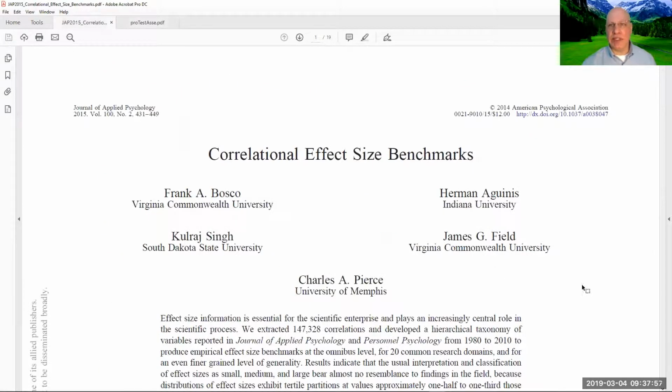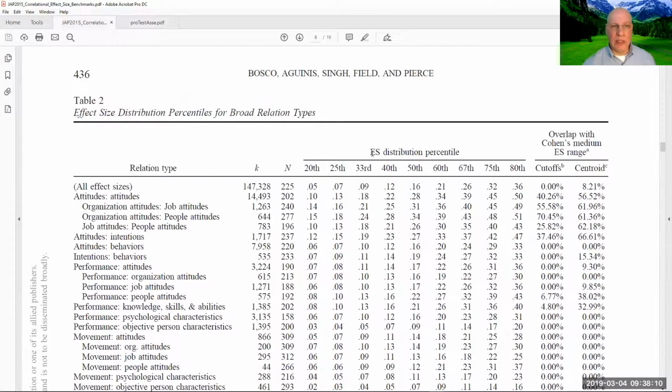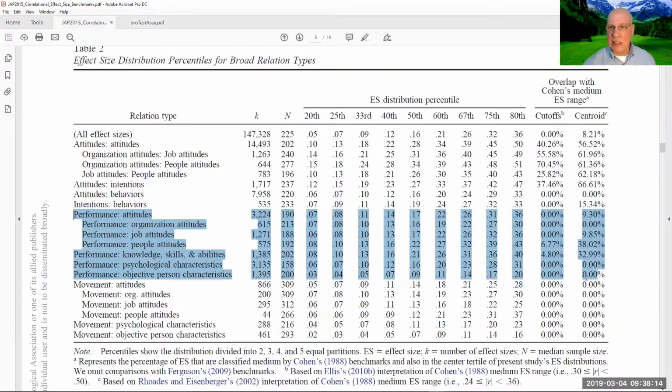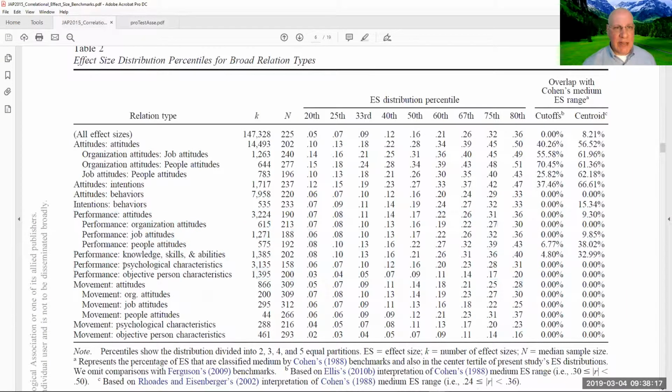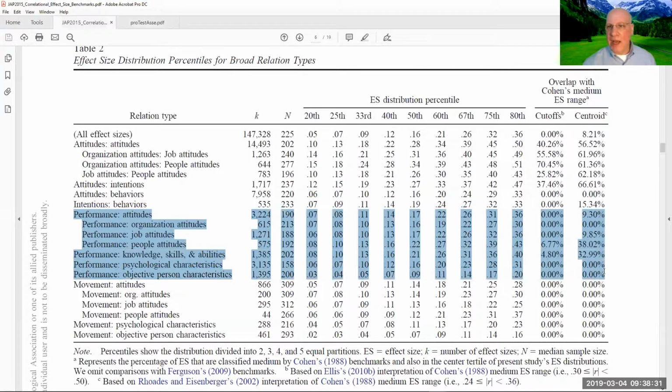Well, if we look at research that was published back in 2014 by the American Psychological Association and 1 year later by the Journal of Applied Psychology, we also see that when we look at trying to predict performance of employees, either looking at their psychological characteristics or their knowledge, skills, abilities, or some other characteristics, their attitudes, their objective person characteristics, we see that the highest validity coefficient, correlation coefficient, is just above 0.40. 0.43 is the largest one for people attitudes trying to predict employee performance.